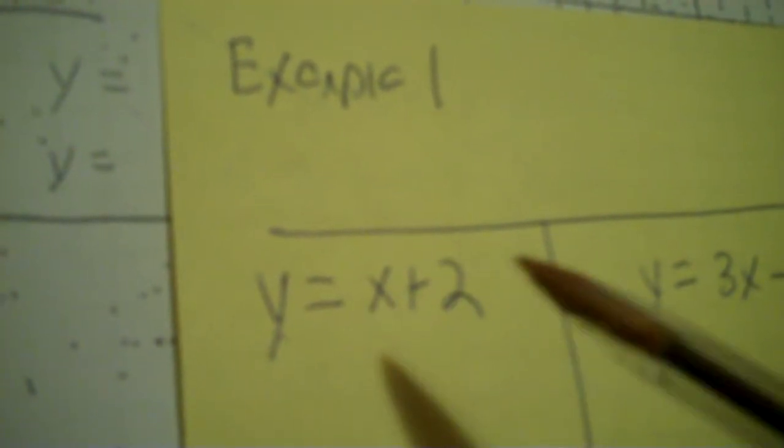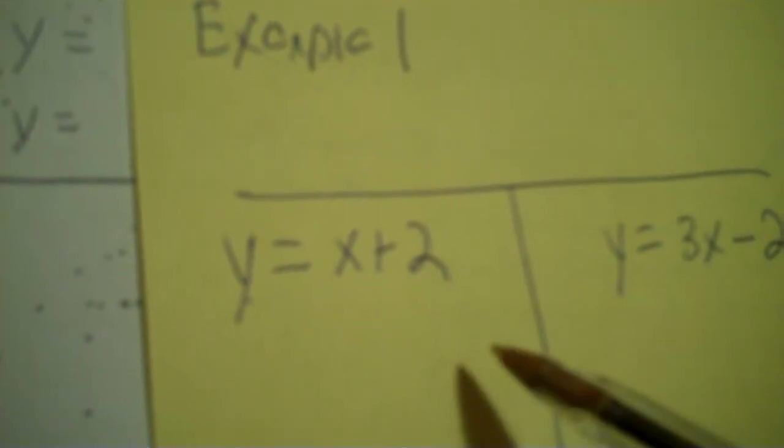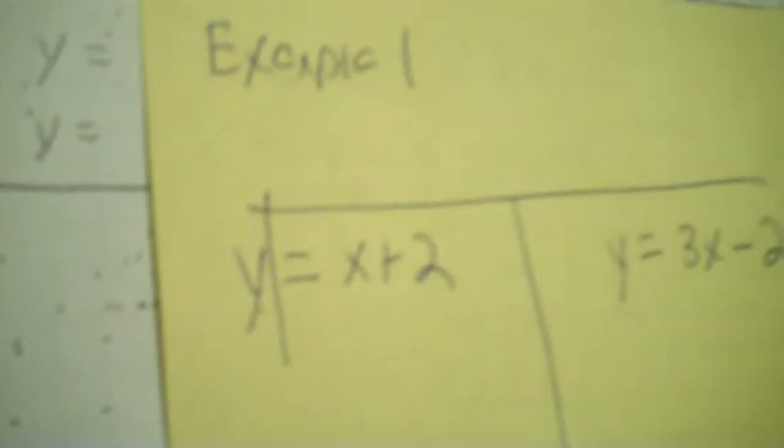Example 1, put example 1, because you're going to need a lot of workspace. Please make a table, and on one side put y equals x plus 2. Then y equals 3x minus 2. Now, look at this equation. Do you have y and do you have x? Yes, you do, so make a wall on the y side.